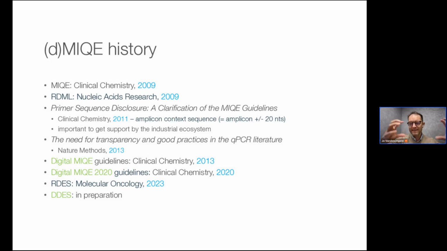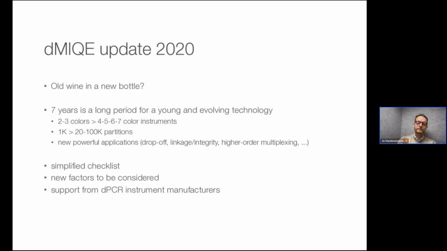So we came to a compromise that the context sequence of the amplicon was good enough to reproduce and do quality control of the data. And then finally, the dMIQE guidelines in 2013 with an update in 2020, and the data formats, very simple spreadsheet data formats last year and coming this year for digital PCR.